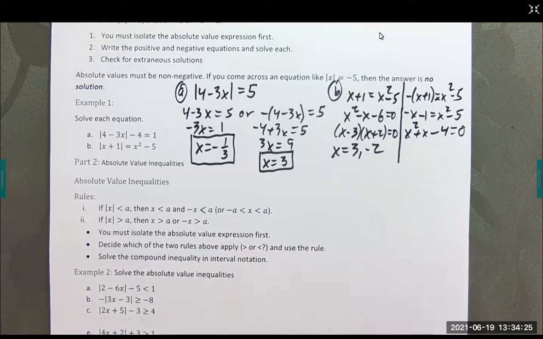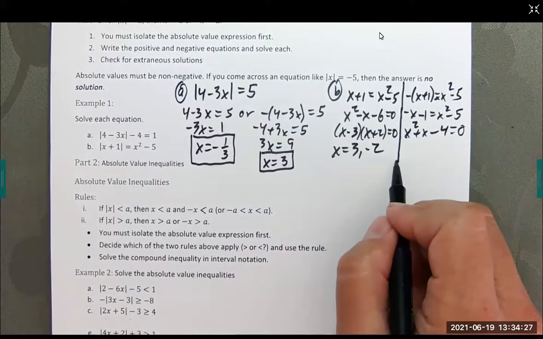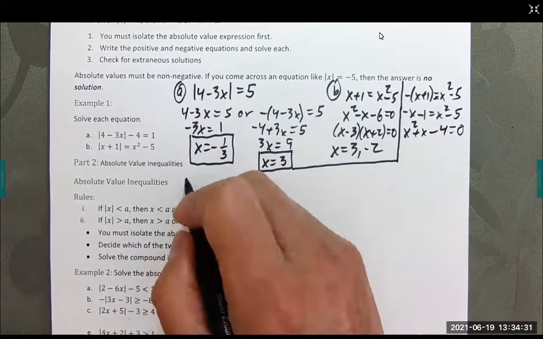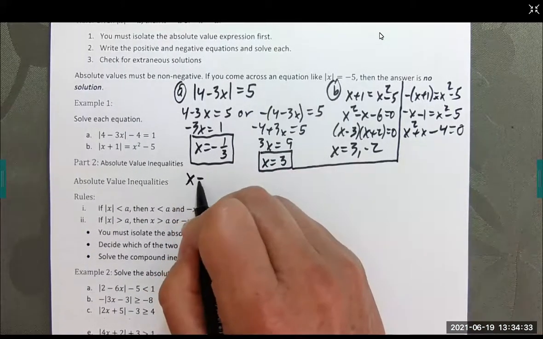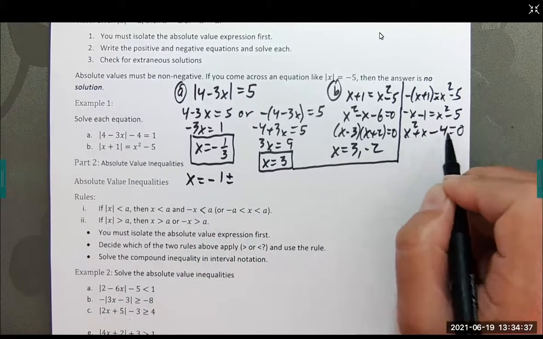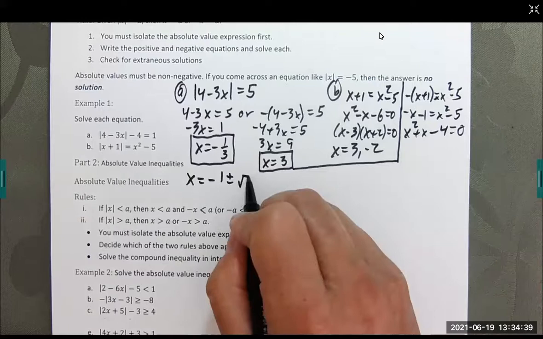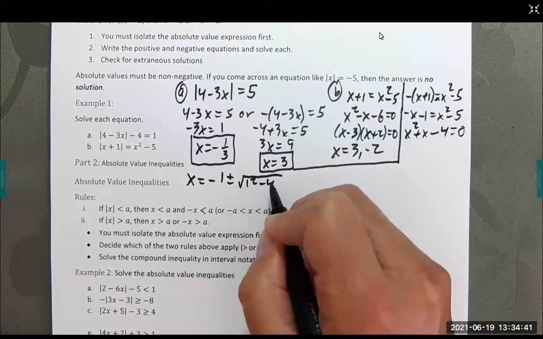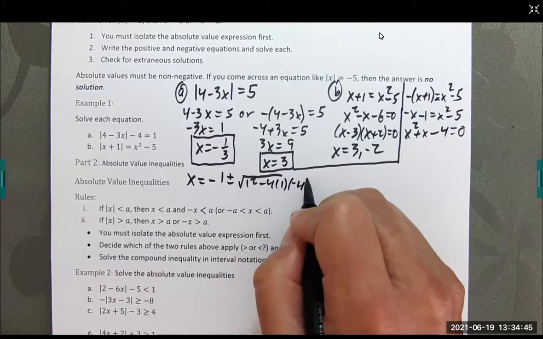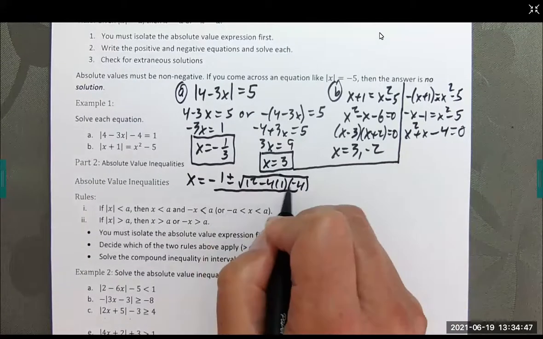So we're going to have to use the quadratic equation. Start way over here. A is 1, B is 1, C is -4. So the square root of 1 squared minus 4 times 1 times -4, all over 2 times 1.